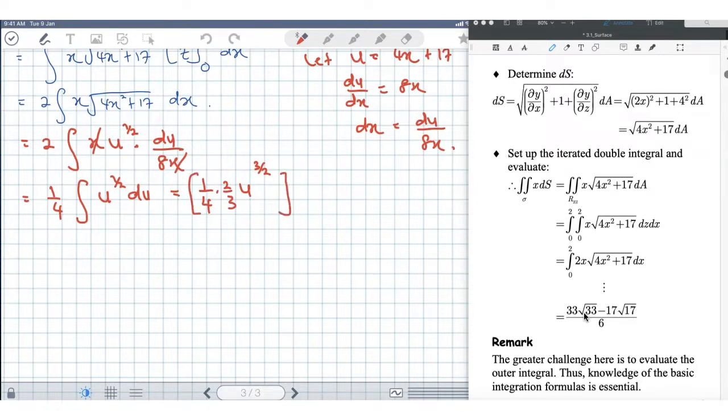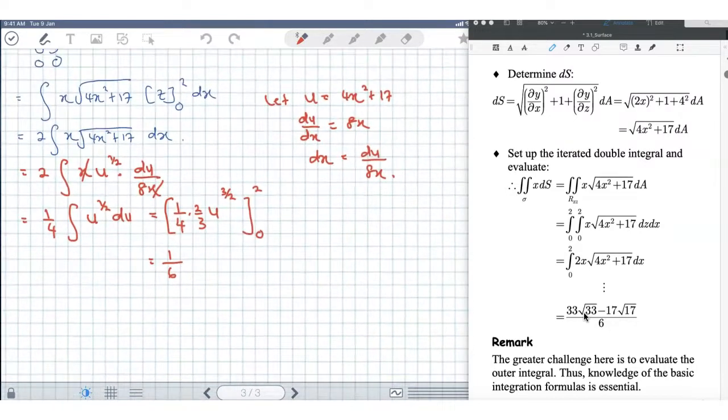You have to replace the limits of x from 0 to 2, so 1 over 6, and u just now is given by 4x squared plus 17, to the power of 3 over 2, from 0 to 2.